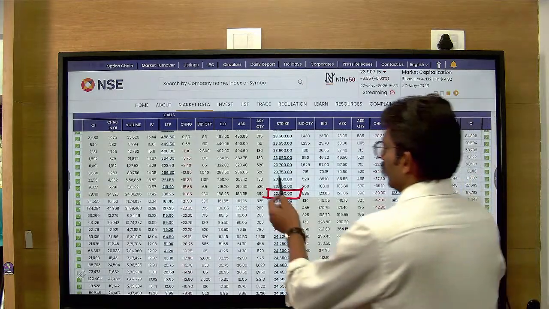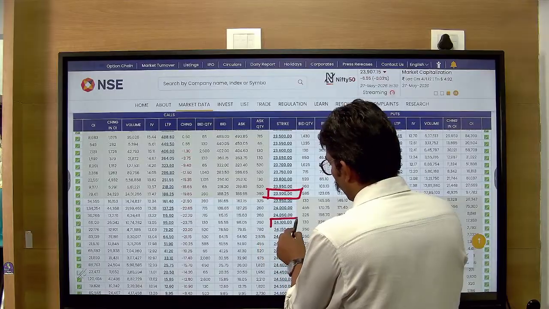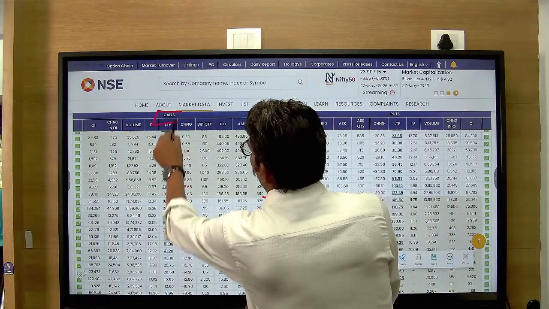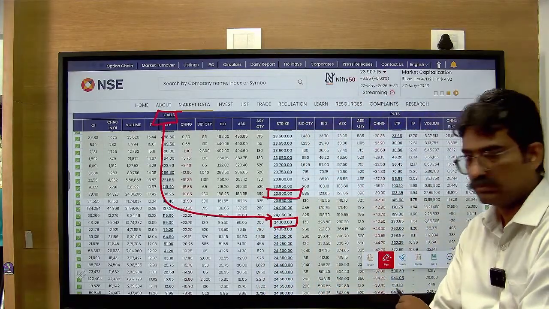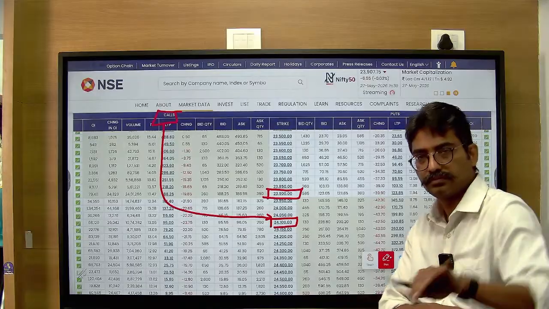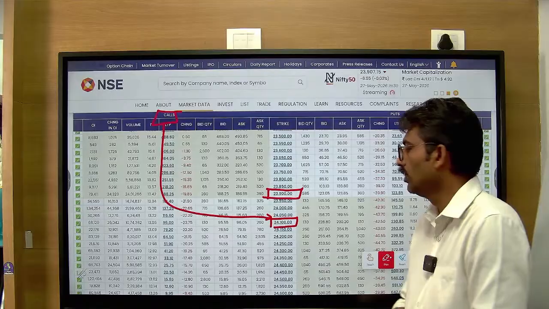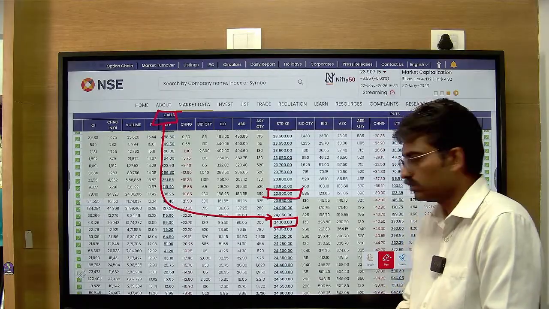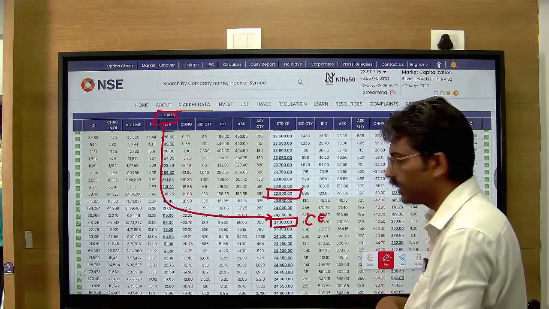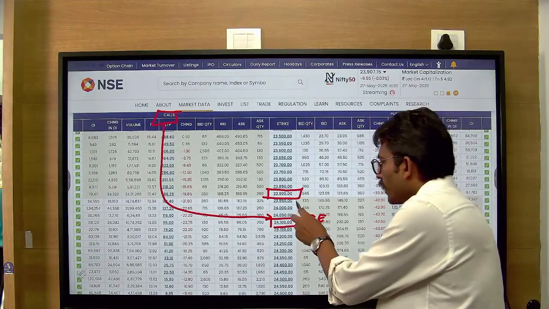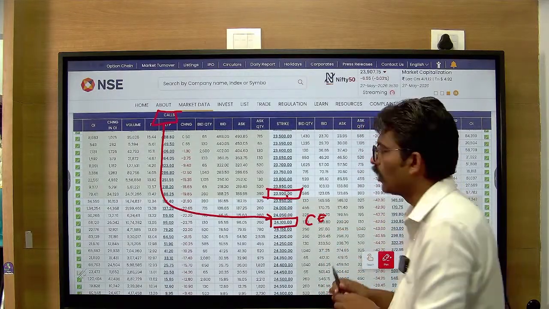Say for example, you buy a contract of 24,100 call option. This is what you buy. What is the meaning of this one? If you buy a call option, the whole intent is that if Nifty, which is right now at this level, how do I know it is at this level?